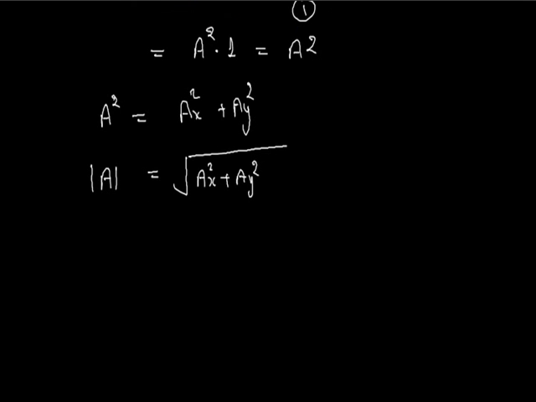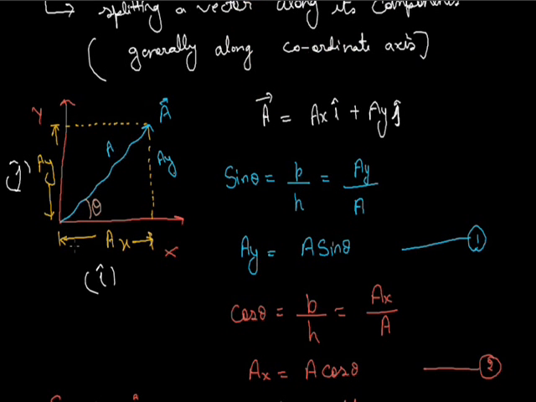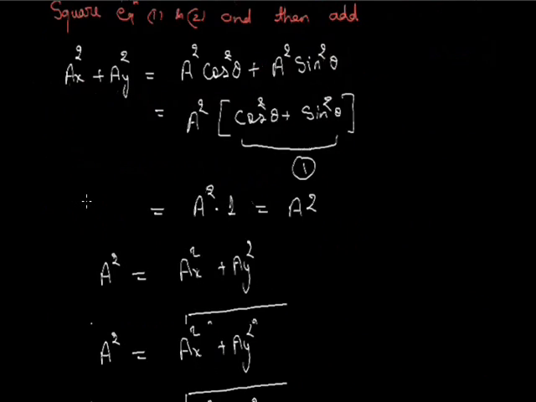Now we talk about direction. What is the direction of this vector? For finding the direction, here this is theta. Then if we find tan theta, from here tan theta equals Ay by Ax.